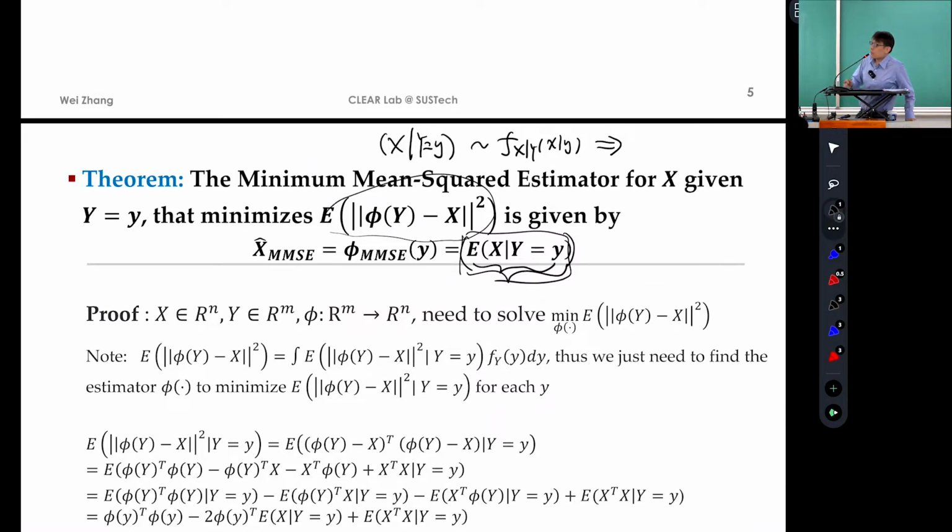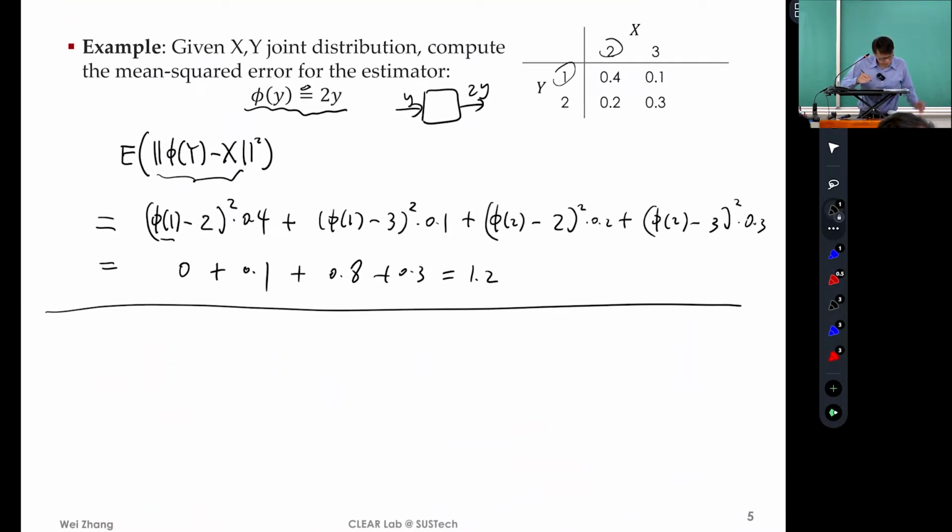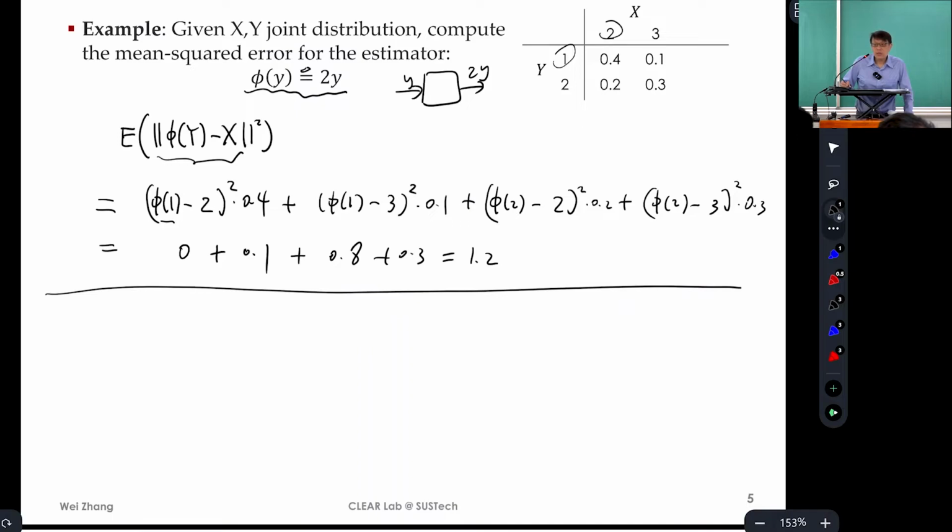And the key property is that the minimum mean square error estimator is nothing but the conditional expectation. Let's look at this case again, and see whether the conditional expectation will give us the best estimate.